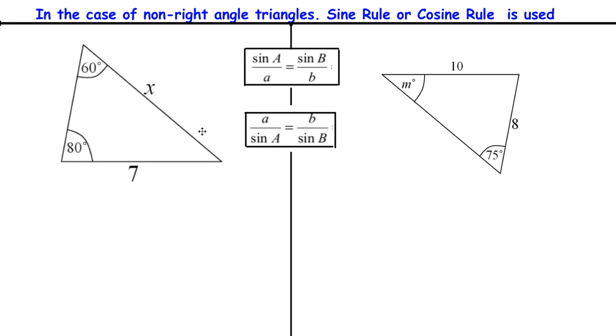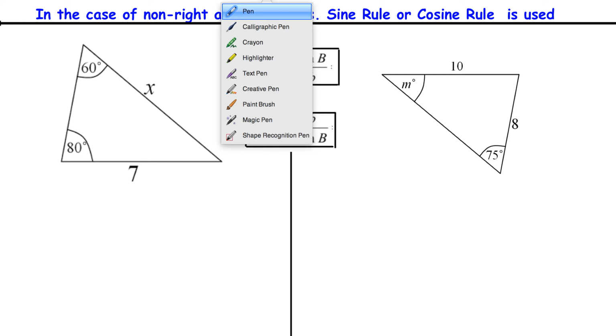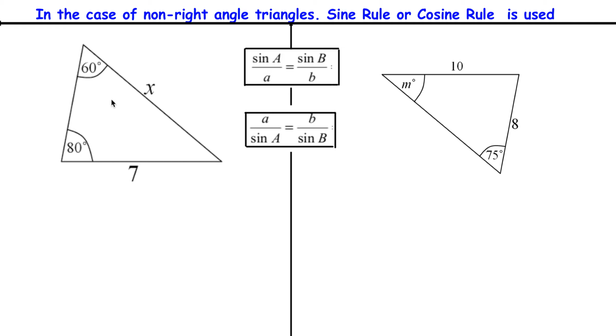Now, when using the sine rule, you can only use it when you have a match. So what do I mean by match? In order to get a match, you have a known angle, which is 60, for example, and opposite that angle is 7. Now, both of these are known in the problem. So therefore, you're going to use the sine rule. Okay, so have you got a match?